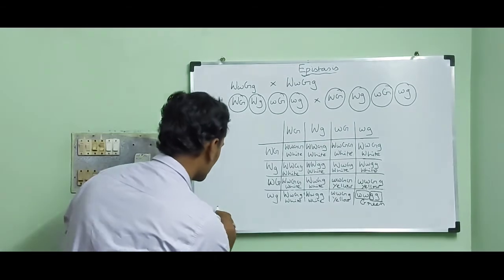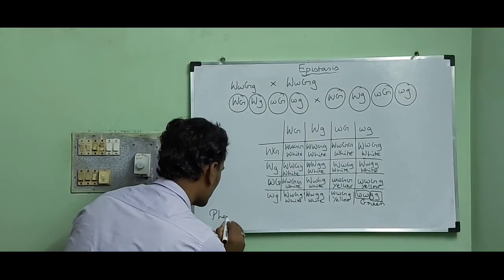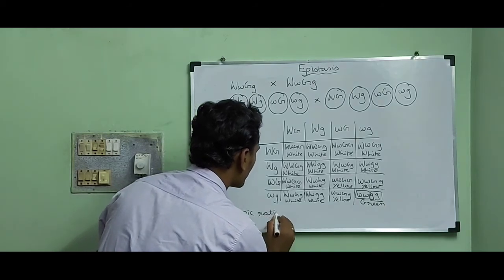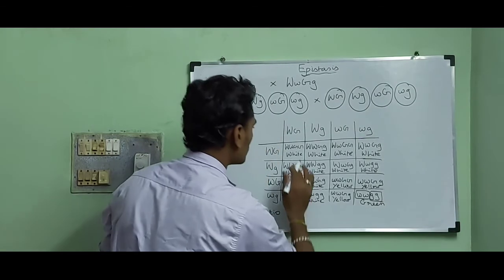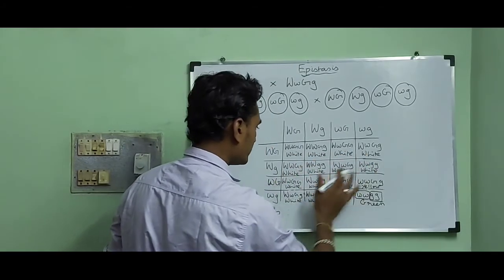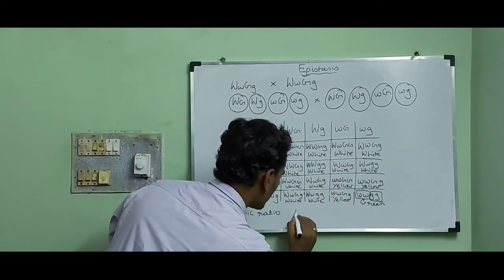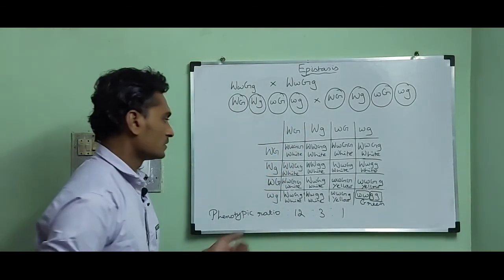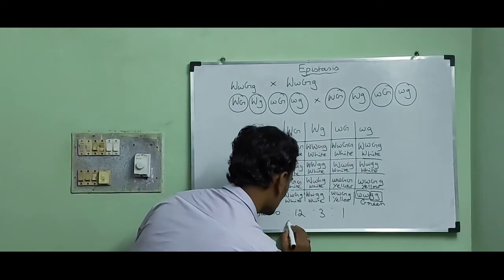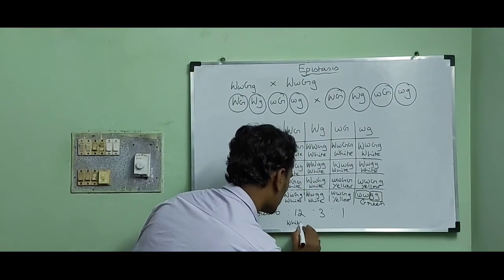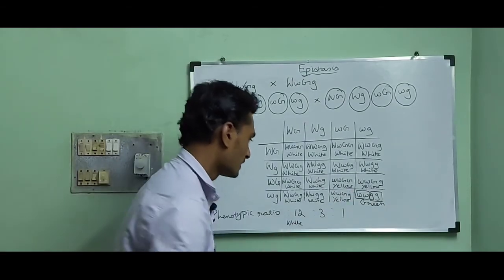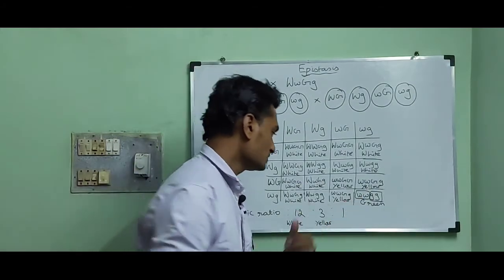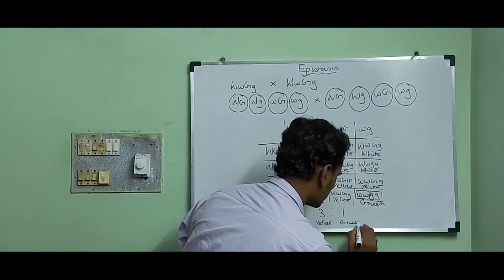Then the phenotypic ratio would be 12 is to 3 is to 1. 12 white color fruit, 3 yellow color fruit, then 1 green color fruit.